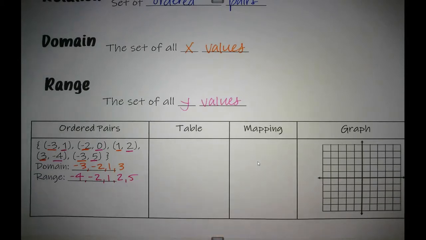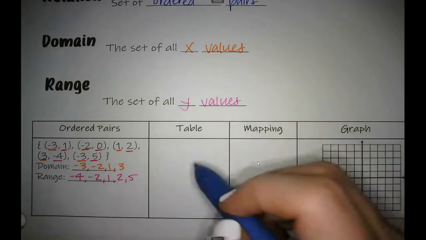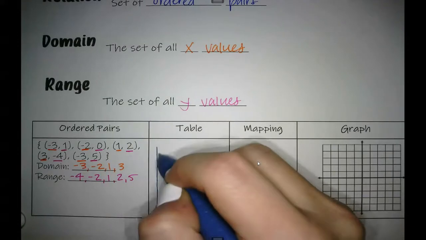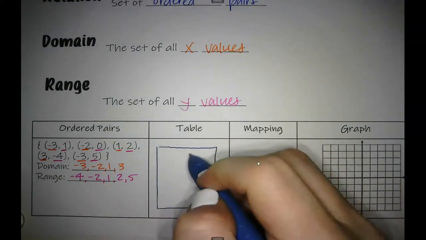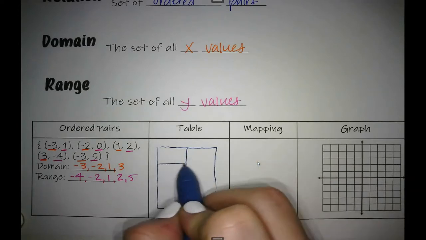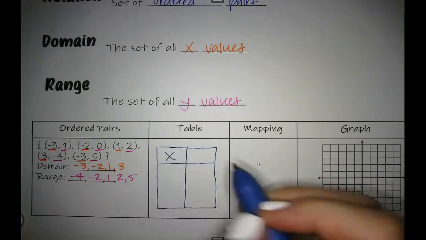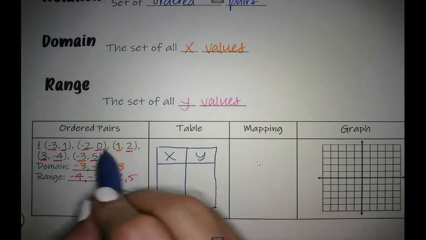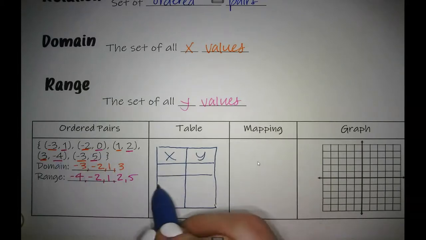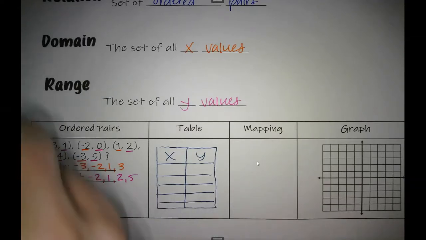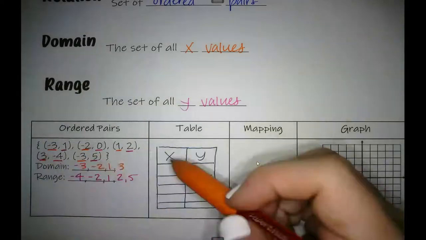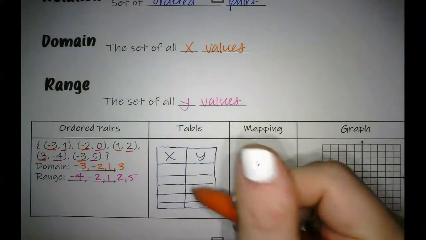Okay. All right, what is the table? I know you guys have seen this before, but that is our x and y tables. So we've got x on this side and y on this side, and 1, 2, 3, 4, 5. And all I'm doing is I'm going to write my x values on this side, my y values on this side.